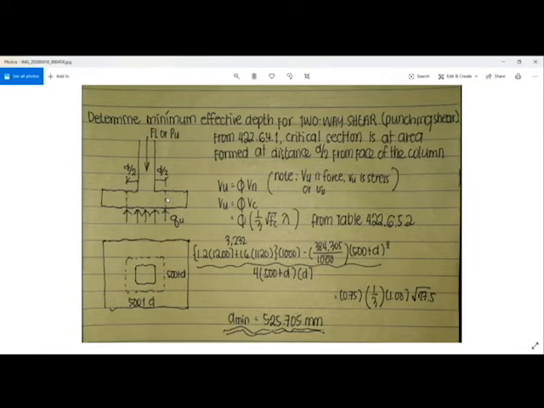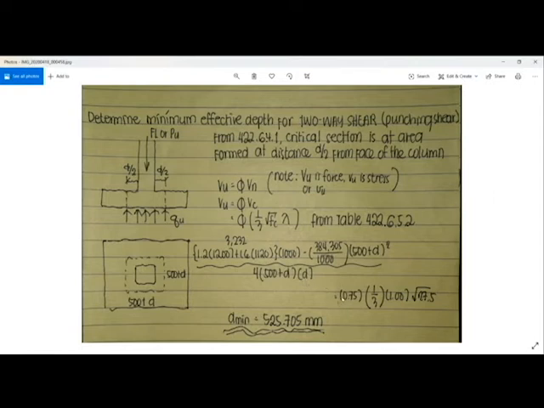So dapat ang shear stress nangyayari sa mga area na parallel dun sa force. So ang parallel sa force is the critical perimeter multiplied by the depth. So is equal to 4 multiplied by (500 plus d) multiplied by d.